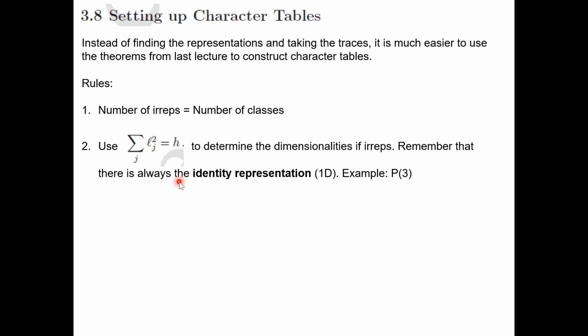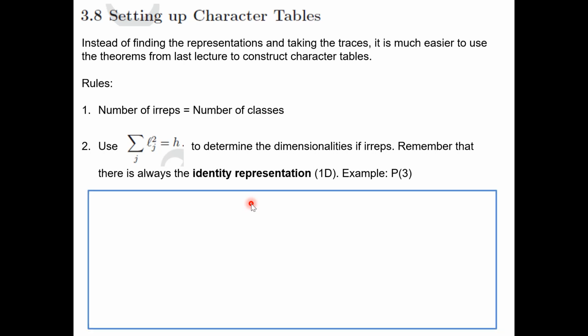Remember that there is always this 1D representation, which is the identity representation, meaning all the characters are 1 for all classes. So again, let me use the group P3 as an example for that. We have discussed this group in many examples.